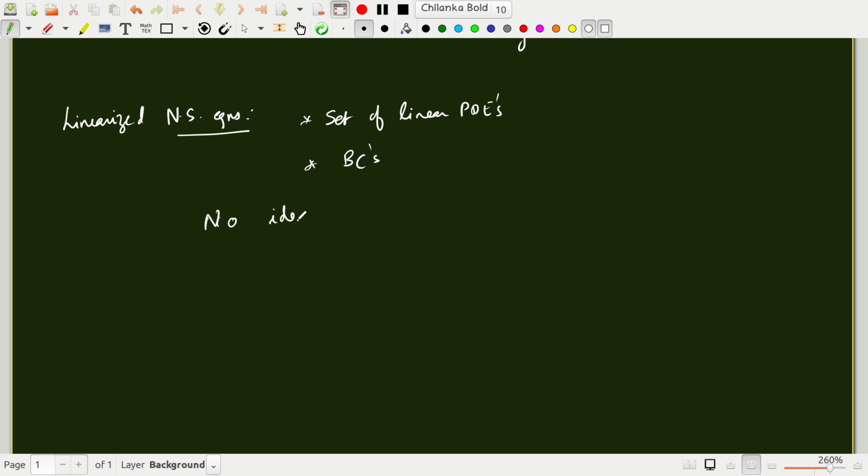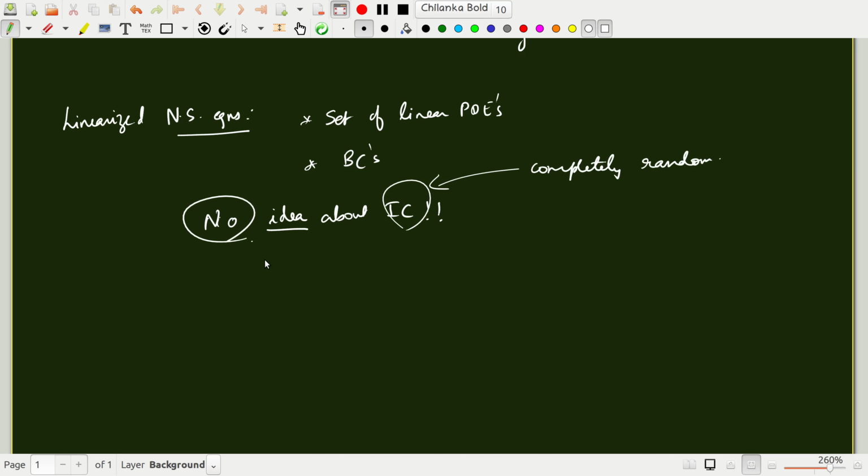No idea. That's because in any given laboratory experiment, the initial condition is a completely random quantity. So in most laboratory experiments, you have no idea about the initial condition. Then how are you going to solve the PDE?